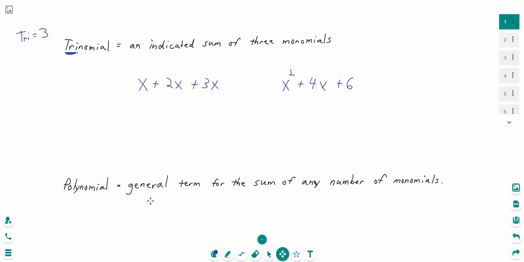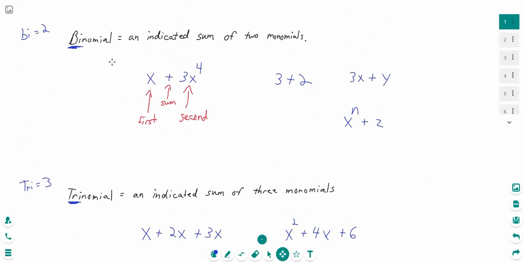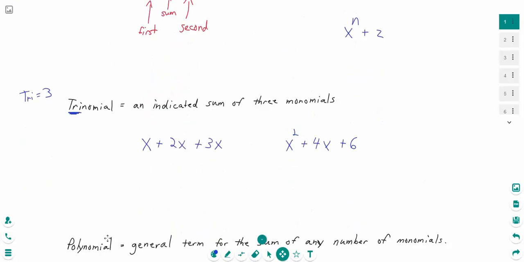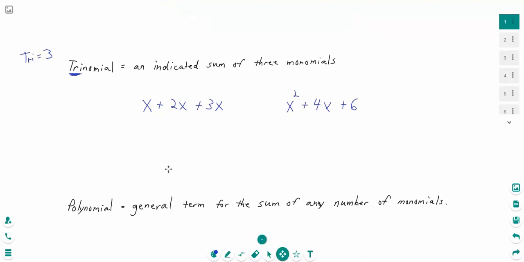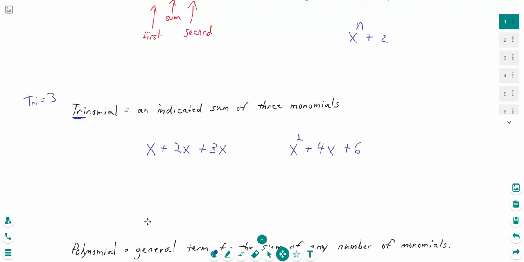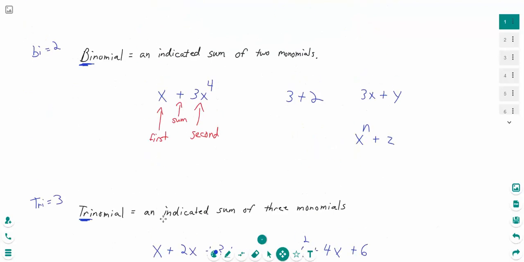Polynomial is a general term, and it just means any number of monomials that are added together is considered a polynomial. So you could argue that a binomial is a polynomial. All right? A trinomial is a polynomial. Okay? But there are also polynomials that are not trinomials and not binomials.